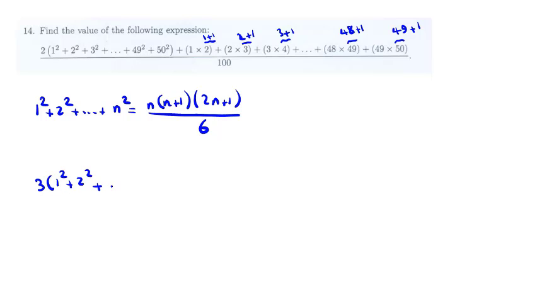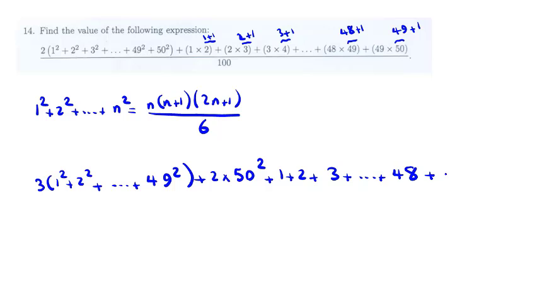So if you add up, it will be 3 times 49 squared plus 2 times 50 squared plus 1 times 1 plus 2 plus 3, 248 plus 49, all over 100, because here we have 100.